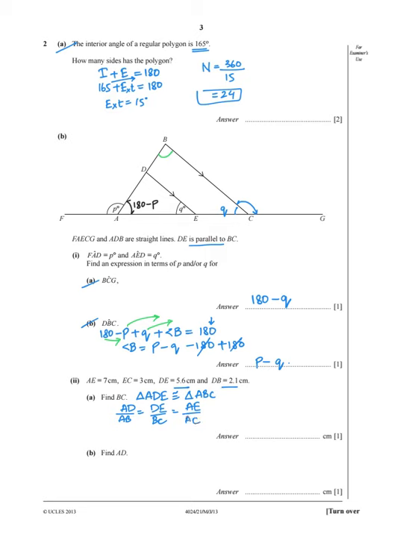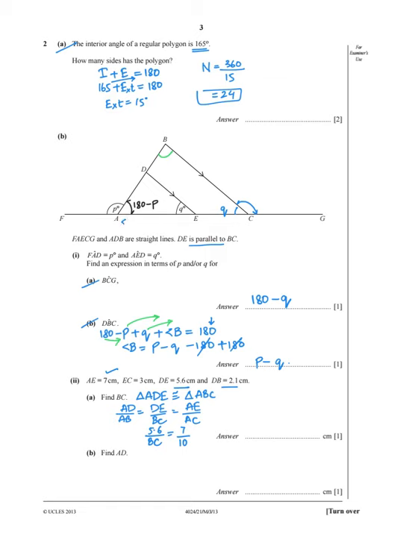We have the value of DE, so I'm placing values here. The value of DE is 5.6. The value of BC is what we are looking for. The value of AE is given, that is 7, and the value of AC will be 10. And how come it is 10?